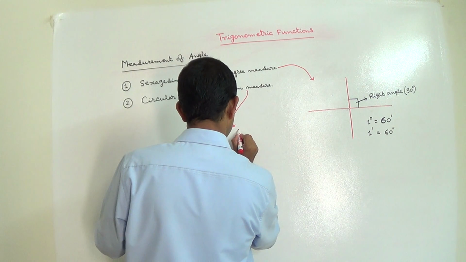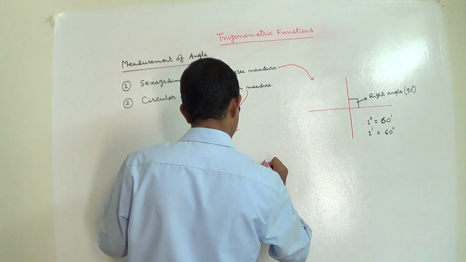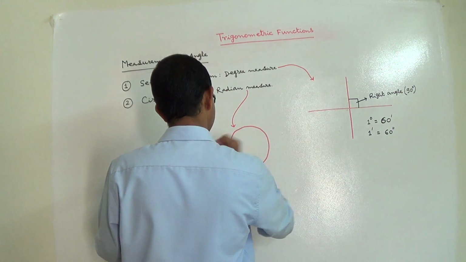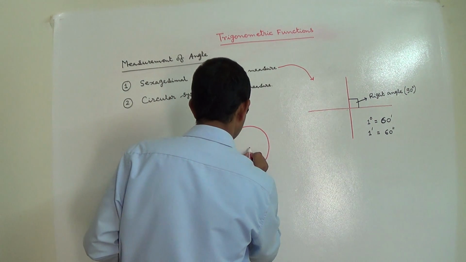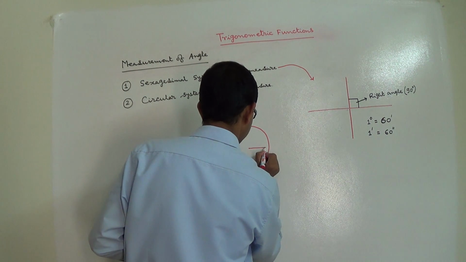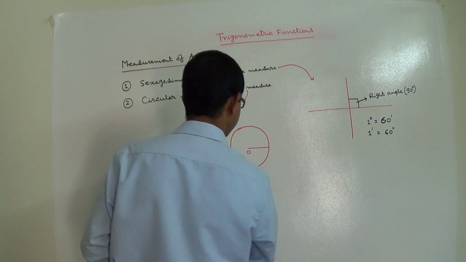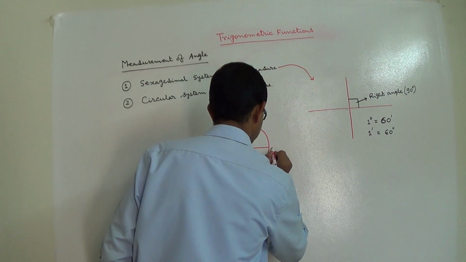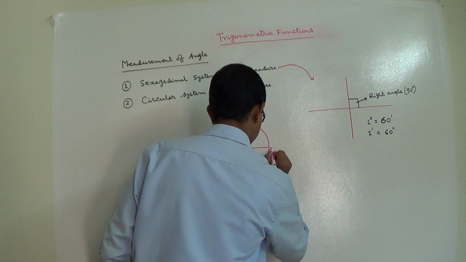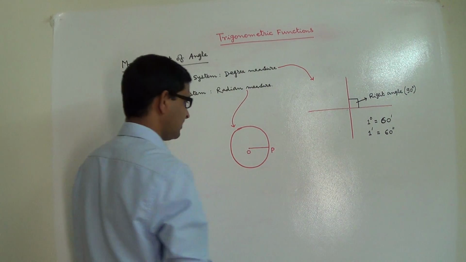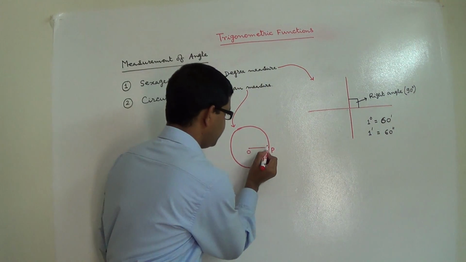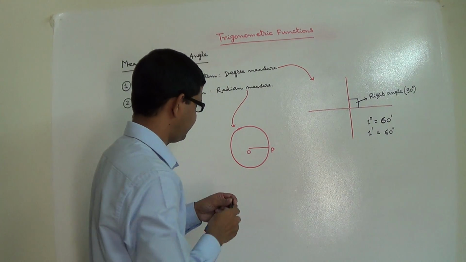Suppose this is the circle, and obviously this is the radius. Suppose O is the center of the circle and P is the initial point. Let me take some different color.